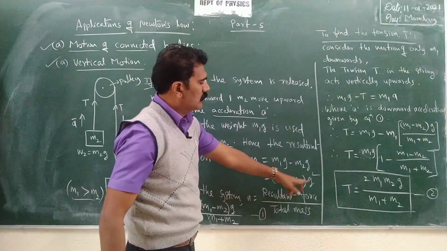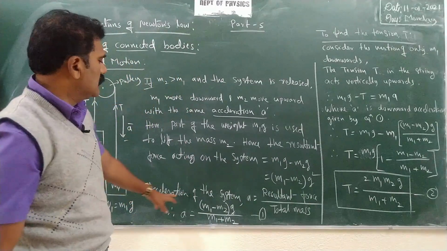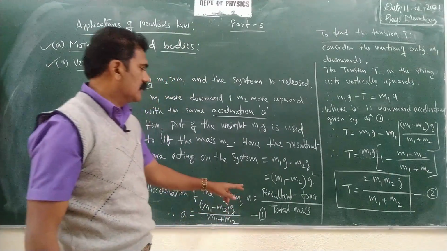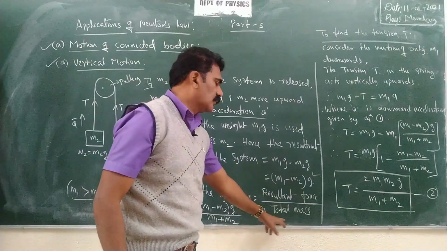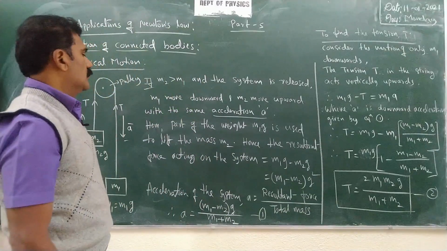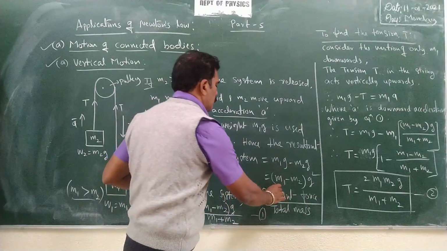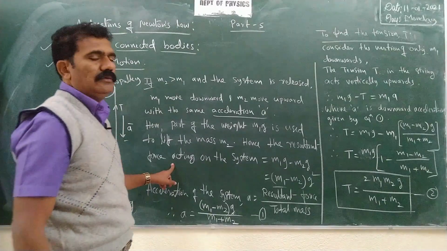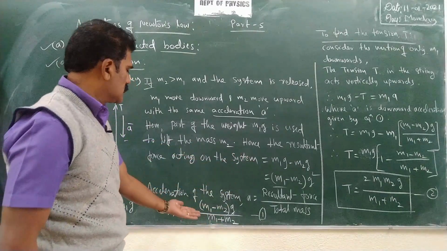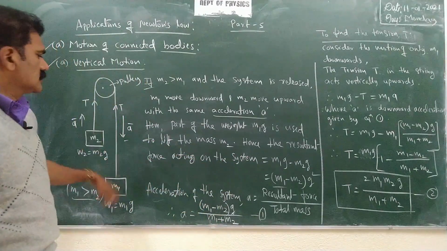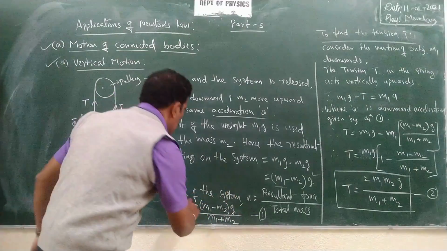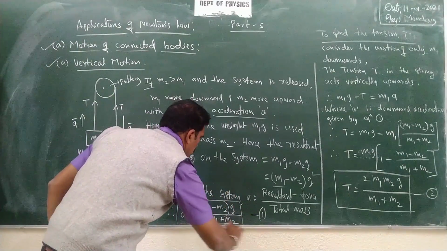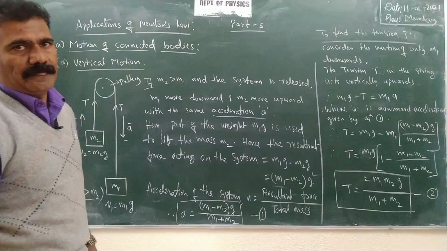So M1 minus M2 into G. So the acceleration of the system A is equal to the resultant force divided by the total mass. The resultant force acting on the system is M1 minus M2 into G, divided by the total mass, adding the masses M1 plus M2. That gives the simple formula for the acceleration in the system.